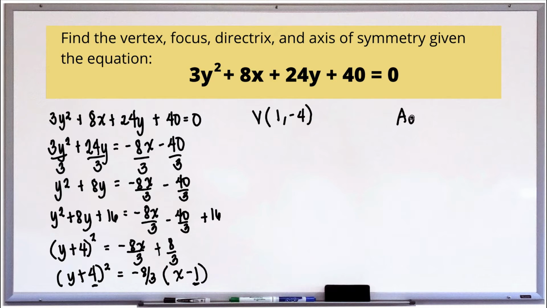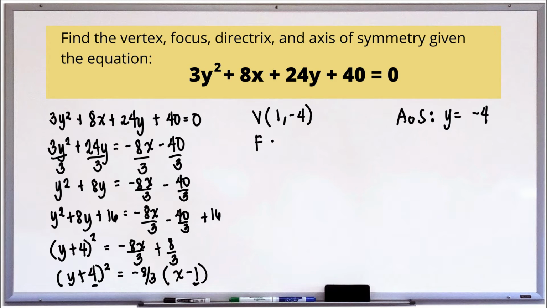The axis of symmetry must follow the variable that is squared, hence the equation is y equals the y coordinate of the vertex, since it must touch that point. Therefore, the equation is y equals -4.